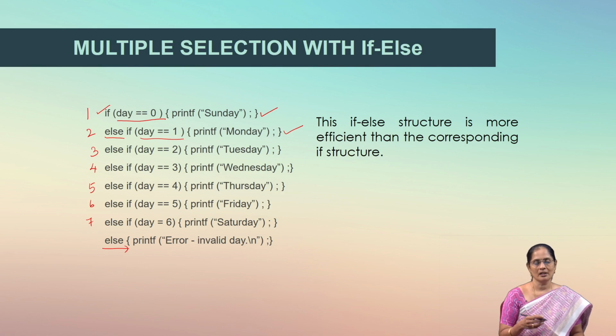Henceforth, we need not have one more if statement to display the error message. So, the number of ifs has been reduced compared with the if structure. Here we can say that this if else structure is more efficient than the if structure, right.